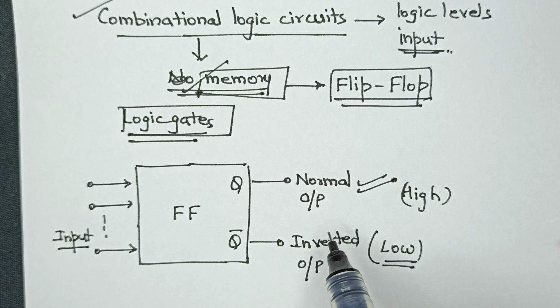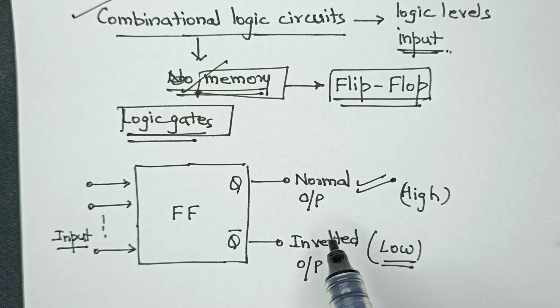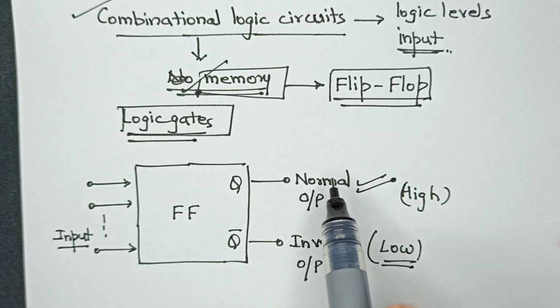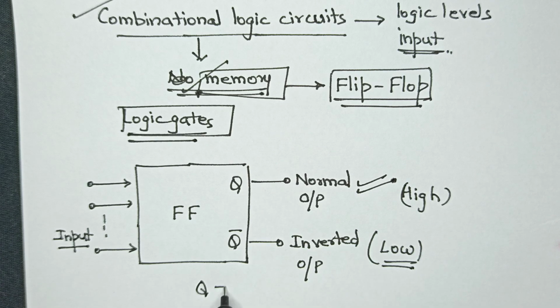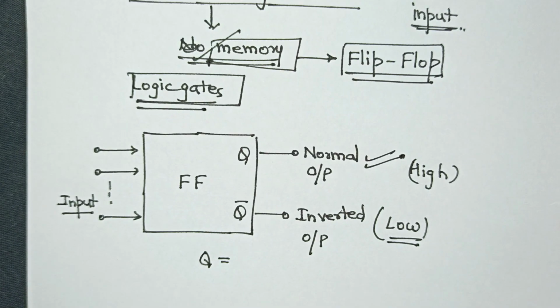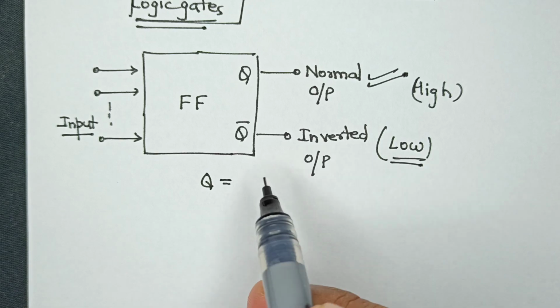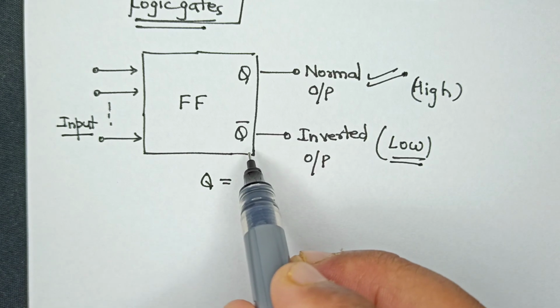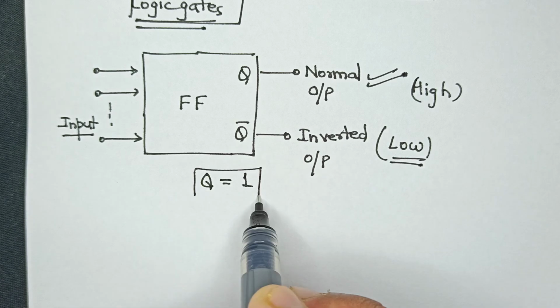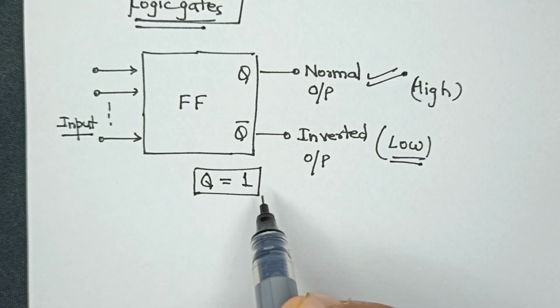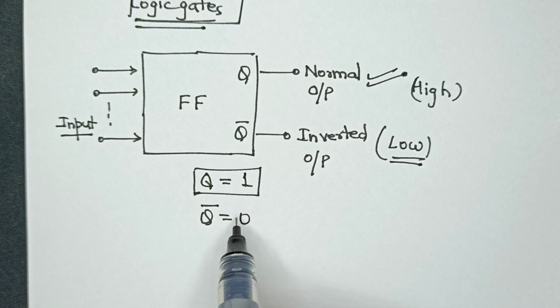There are two possible operating states of a flip-flop. One possible operating state is that we take the value of Q as 1 and the value of Q bar as 0.